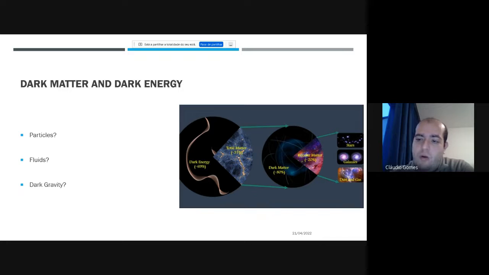So you see, the matter that we know only accounts for around 5% of the total energy content of the universe. That means that we need to introduce roughly 95-96% of unknown. Okay? And are these components particles? Are they fluids, or are they some kind of dark gravity?